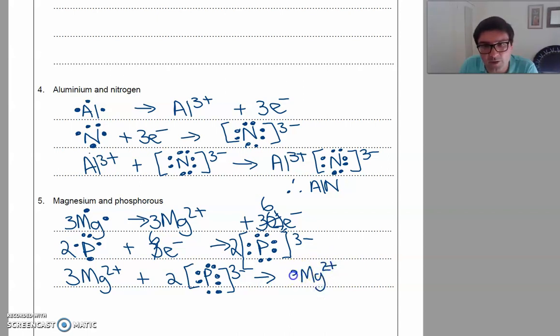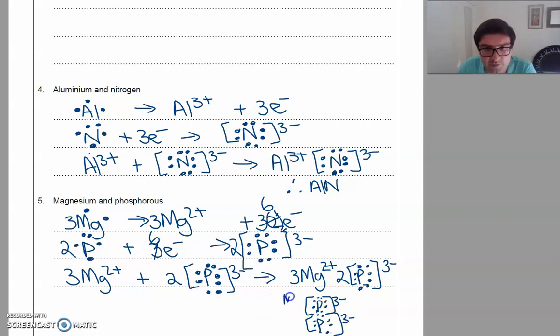There are various ways in which you could write this. You could write it such that you indicate that you've got 3-to-2 bonding of the magnesium ions to the phosphide ions. You could also, if you wanted to, write both of them like this. You will draw your Lewis diagram for your 2 phosphide ions, and you will have magnesium 2 plus, magnesium 2 plus, and magnesium 2 plus.